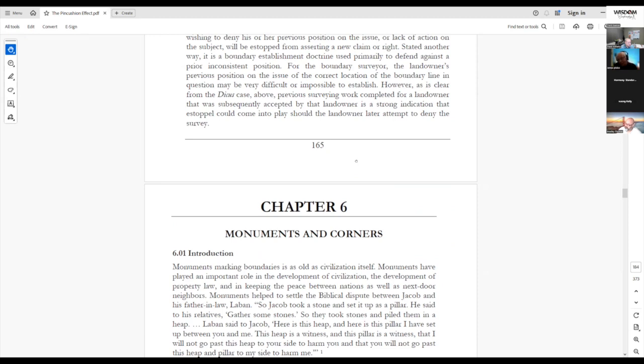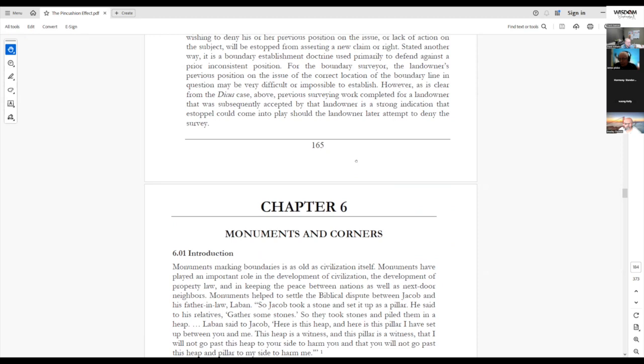And he's waiting for this wall to get built to go over and tell his neighbor he's going to tear it down. Well, he's going to be stopped from doing that because of your silence, when you know that your adjoiner is going to expend significant funds along the boundary line, and you have reason to know.